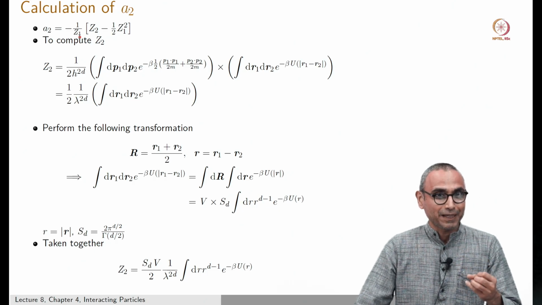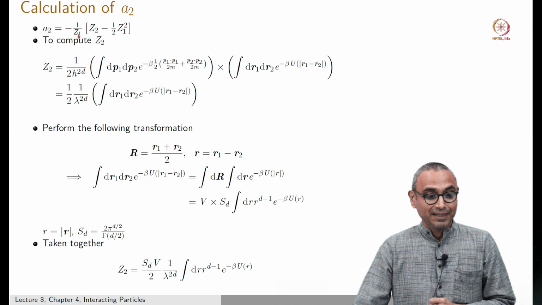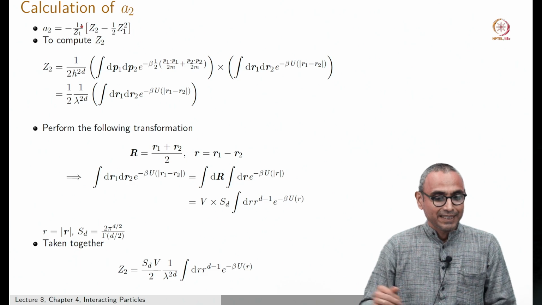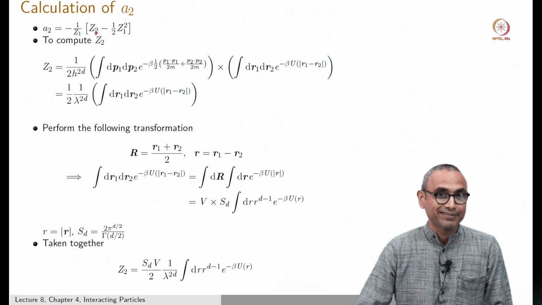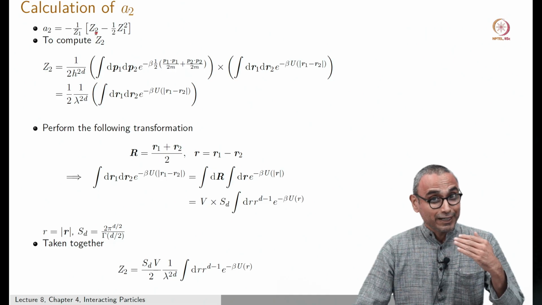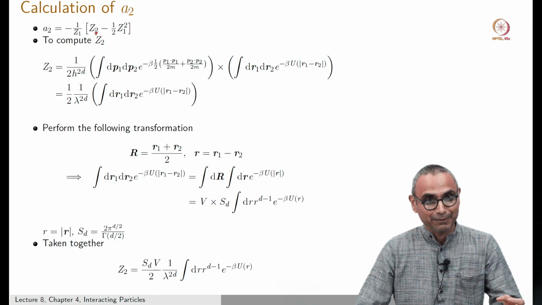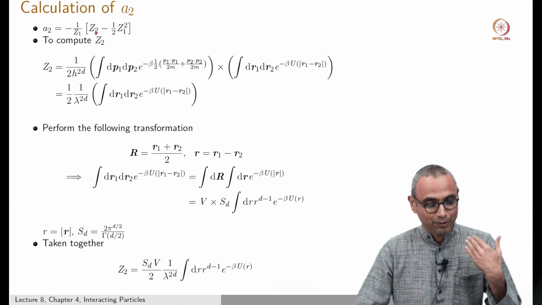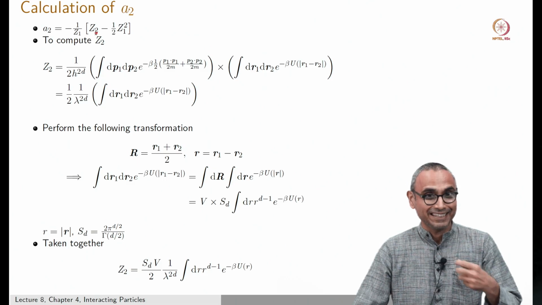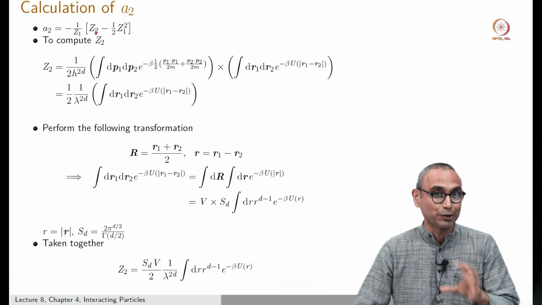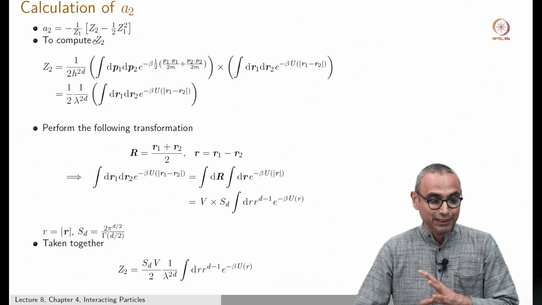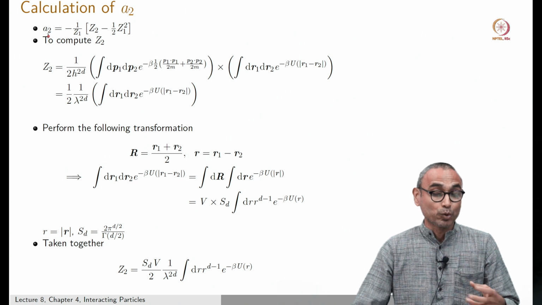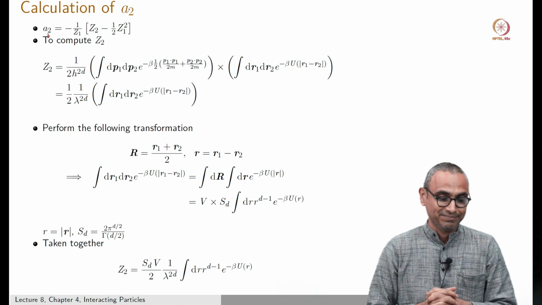Remember Z1 is the partition function of a single particle. Therefore, Z1 will be proportional to the volume. Now, if you look at Z2 alone, if you want a finite answer in the thermodynamic limit, Z2 should naively depend only on V. It should be linear in V, proportional to V. It should not have a V squared term. Because if the numerator had a V squared term, then I will find that A2 is proportional to V, which will make no sense.